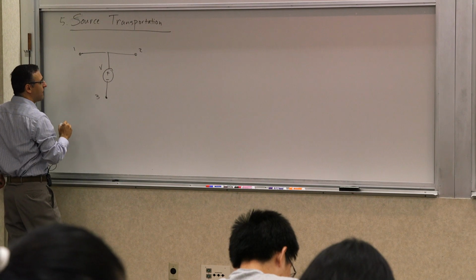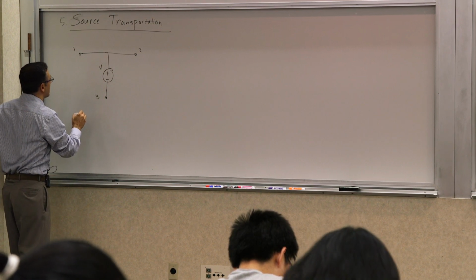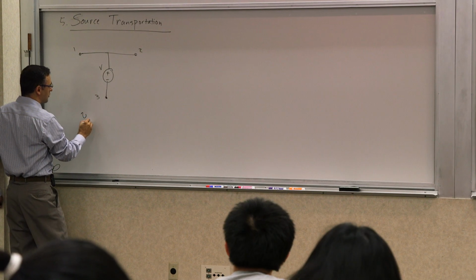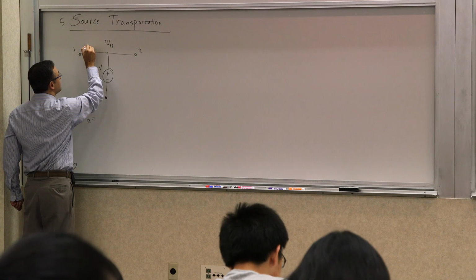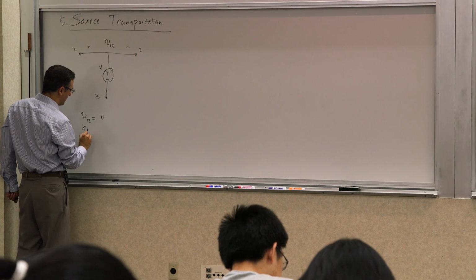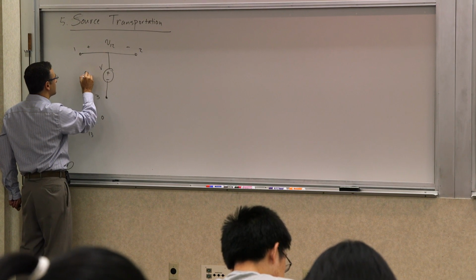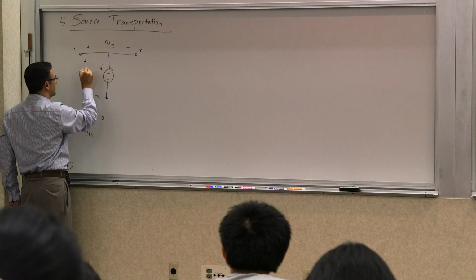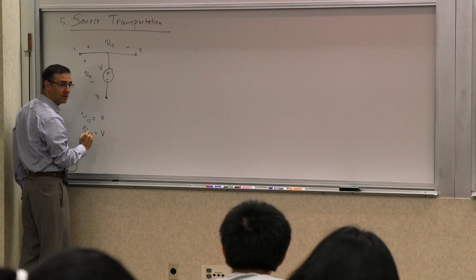Now, what are the voltages between these 3 nodes, if you think about it? The voltage between nodes 1 and 2, V1,2, which is this voltage, is 0. What is V1,3? It's capital V, right?